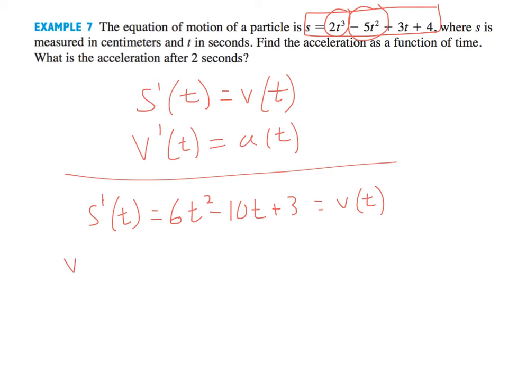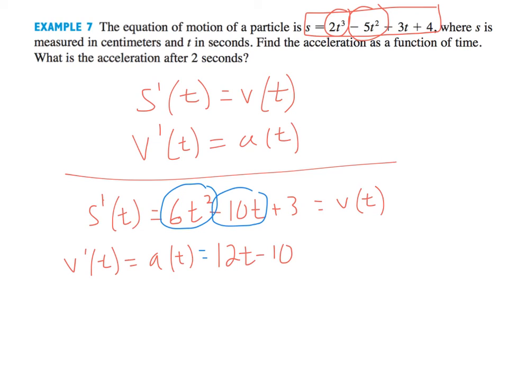And we know that the derivative of our velocity is going to be our acceleration. So let's find the derivative of this. The derivative of 6t squared would now become 12t, and the derivative of negative 10t would now become minus 10, and of course the derivative of 3 is 0.